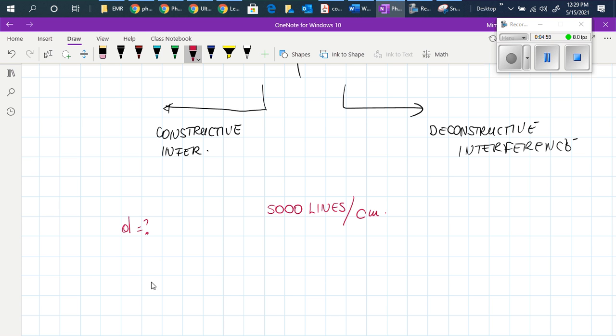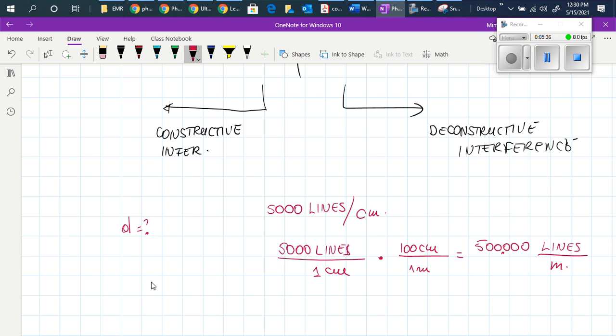So if we have 5,000 lines in 1 centimeter, we convert it into meters, so we multiply by 100 centimeters per 1 meter, and as a result we will have 500,000 lines per meter.